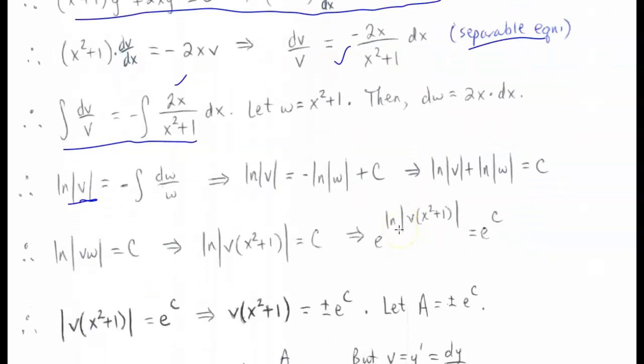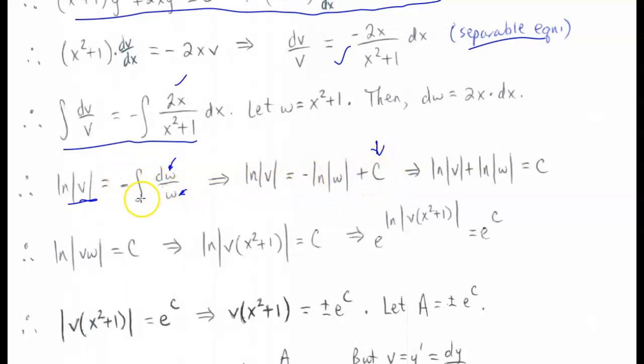So 2x dx is just dw, and x squared plus 1 is w. We take the antiderivative of the right side, and that's going to be minus natural log absolute value of w plus the integration constant.